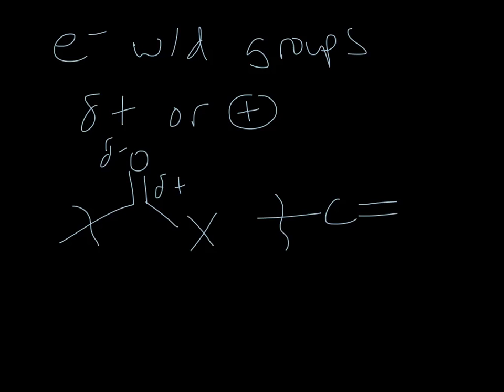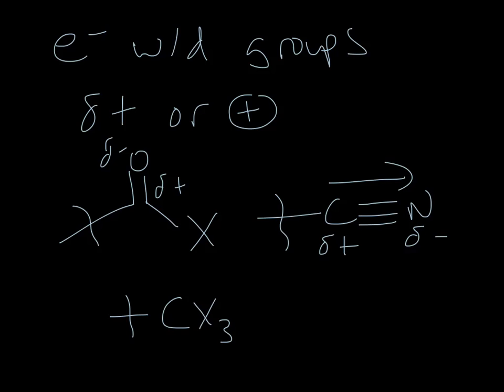We could also have a cyano group. Again, we've got a partial positive on this carbon, a partial negative on that nitrogen. Or via just induction, we could have a carbon that has electronegative atoms on it, so CX3, where X is going to be a halogen. And actually then just the halogens themselves are also electron withdrawing groups because they're fairly electronegative, and so they pull electron density towards themselves.